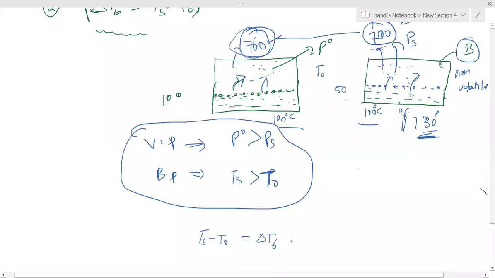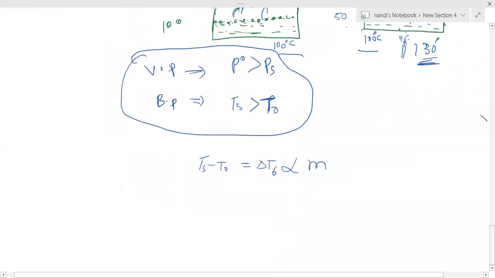It is directly proportional to the molality of the solution. According to your NCERT book, delta TB equals Kb into m. Kb is the elevation constant or molal elevation constant. Open your NCERT book, everything is given clearly.